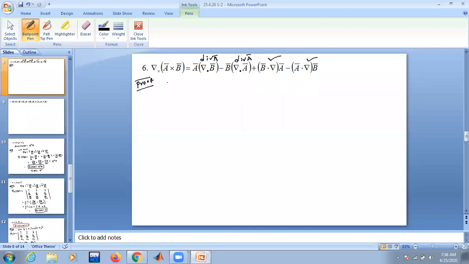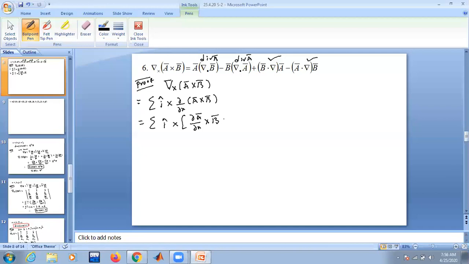So take LHS. What is LHS? Del cross a bar cross b bar. Again, we have to be careful in cross product. So apply the definition of curl. This is sigma I bar cross dou by dou x of the vector. What is the vector? A bar cross b bar. Okay. So this is a sigma I bar cross. Apply derivative of cross product. Derivative of cross product is dou a bar by dou x cross b bar plus a bar cross dou b bar by dou x.